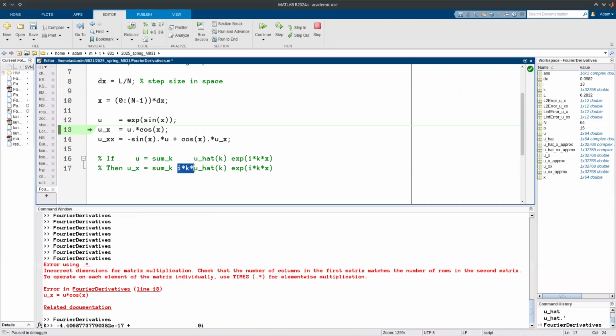So we want to replicate that functionality in Matlab. And so notice what's going on. We need to know what the kth index is. And remember, the index can be positive or negative. And we want to multiply the kth Fourier coefficient by that, and also multiply by i. So let's make one more note in Matlab.